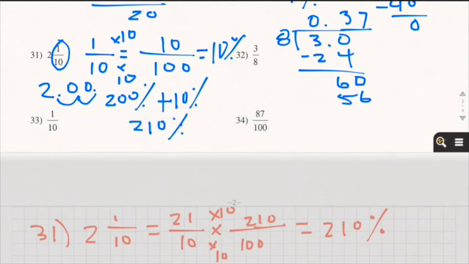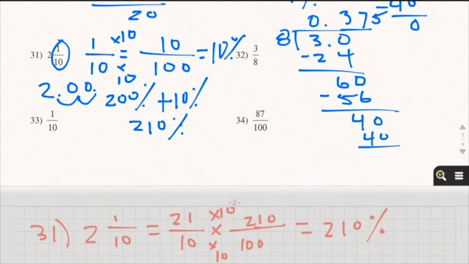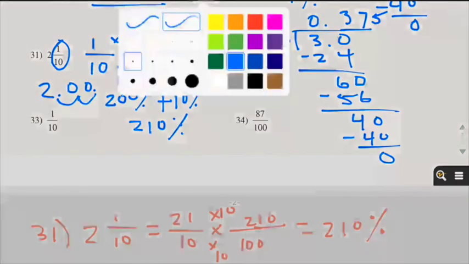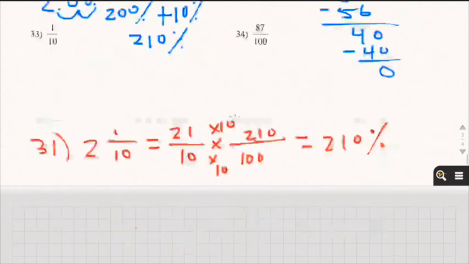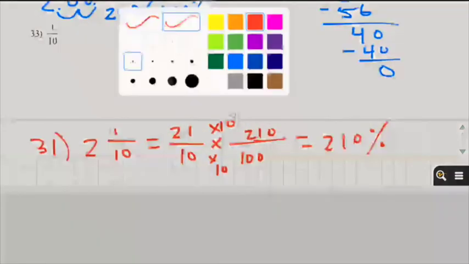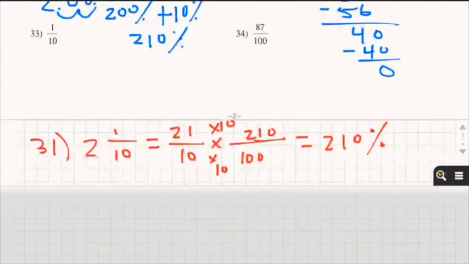Subtract those, we get 4. Bring down a 0. 8 goes into 40 5 times. 5 times 8 is 40. We end up getting a 0 when we subtract those. So we end up getting 0.375 is equal to 3/8. To convert that into a percent, we move the decimal over 1, 2, and we get 37.5%.